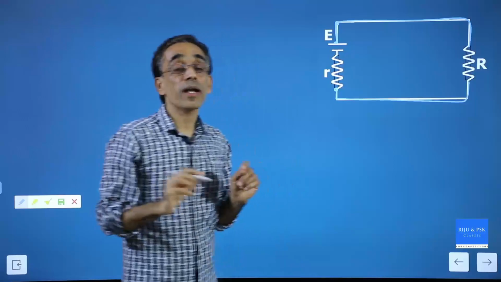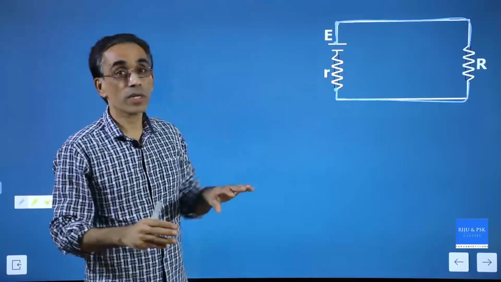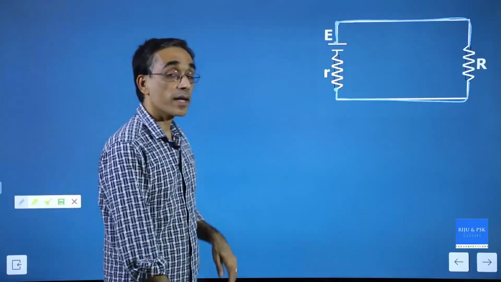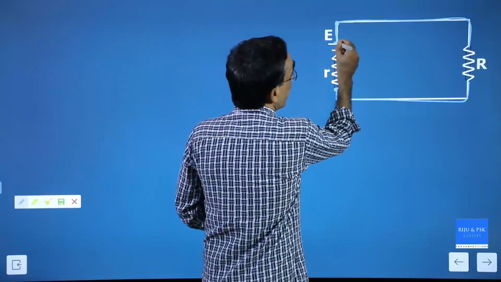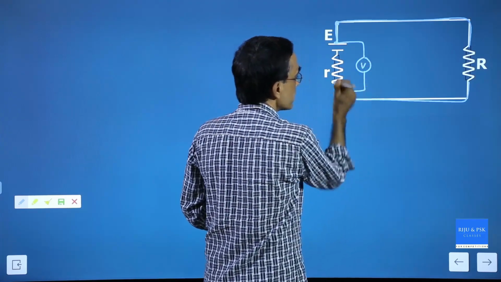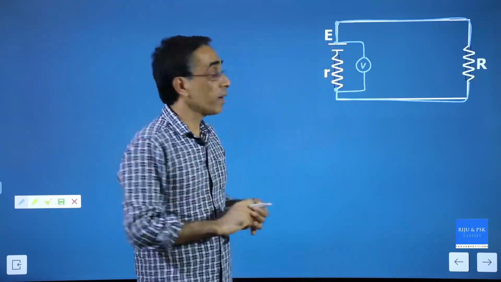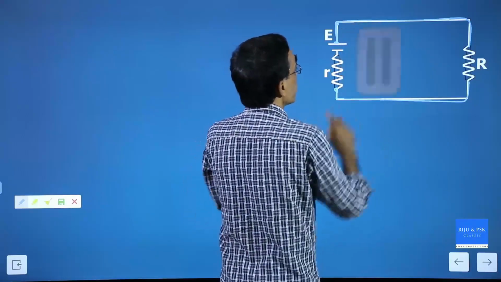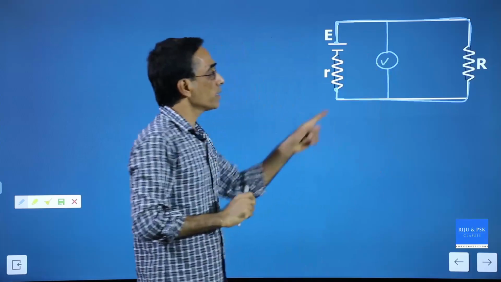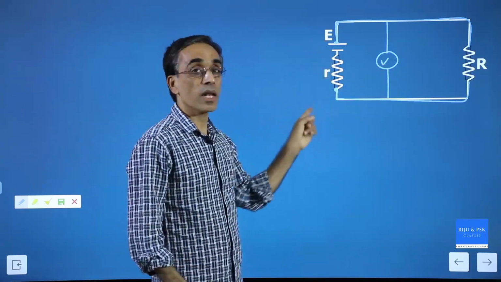Suppose I ask you to connect a voltmeter in the circuit across the terminals of the battery. What to do, where to do? You don't have to put the voltmeter like this; this is not compulsory. This is okay, it is across the cell. But this is equally good. If you connect it here also, that is across the terminals. This voltmeter is across the terminals of your cell.